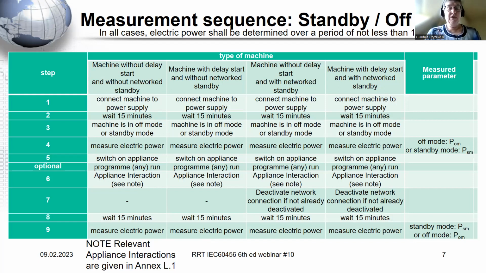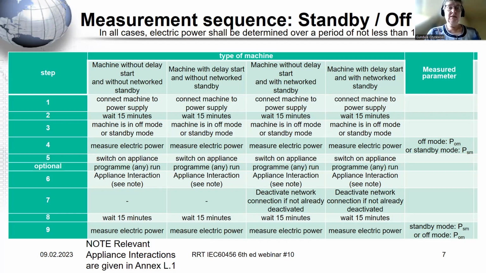And in the first column, you see the steps that you have to do to measure the off mode or the standby mode of such a machine. In the second one, we include already the delay start. I mentioned nowadays this is quite common. And the two other columns are related to machines that can be connected either with or without delay start.